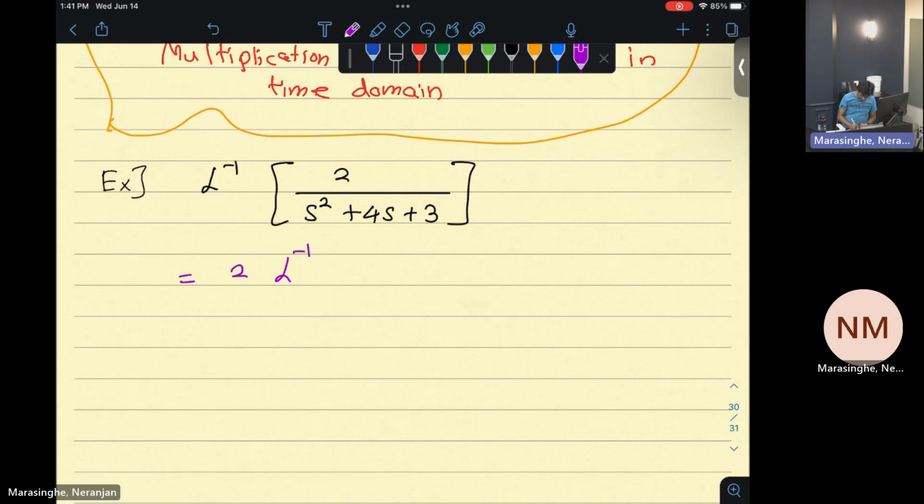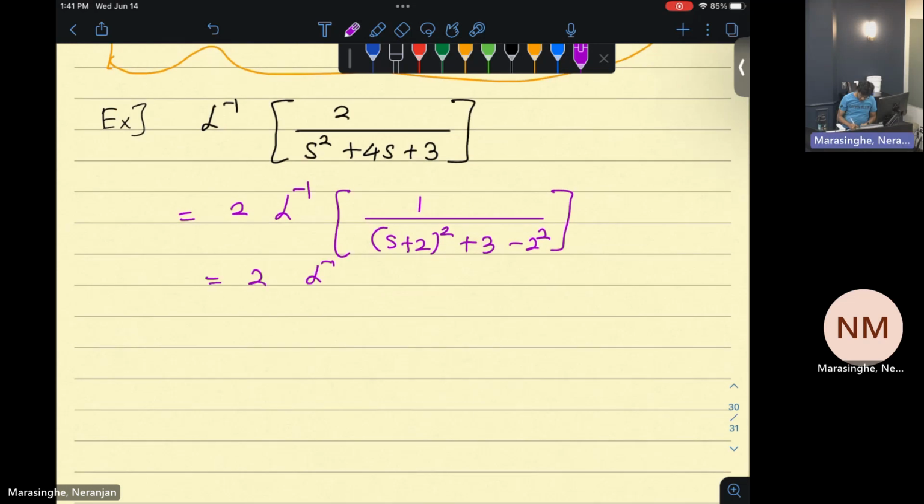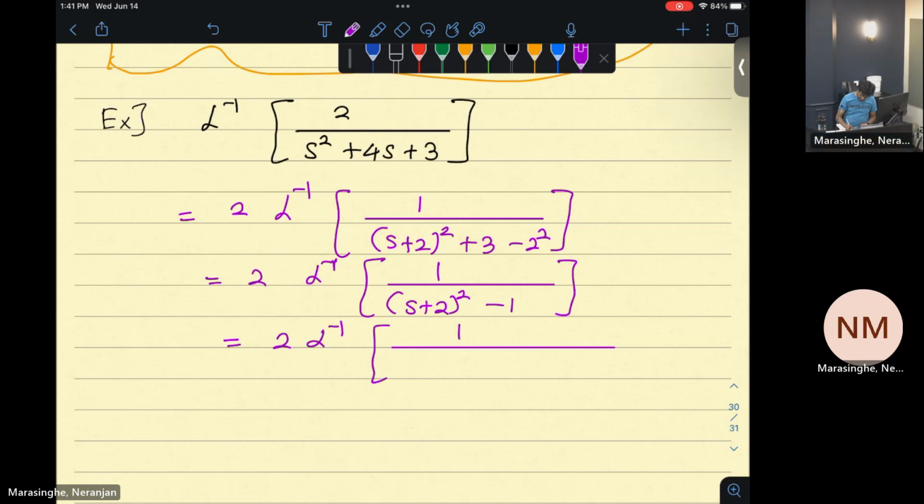Again, I would apply linearity. Then I would complete the square in my denominator. So I would get (s plus 2) square plus 3 minus 2 square, equal to 2 times the Laplace inverse of 1 divided by (s plus 2) square minus 1, which is L inverse of 1 divided by (s minus (minus 2)) square minus 1 square.